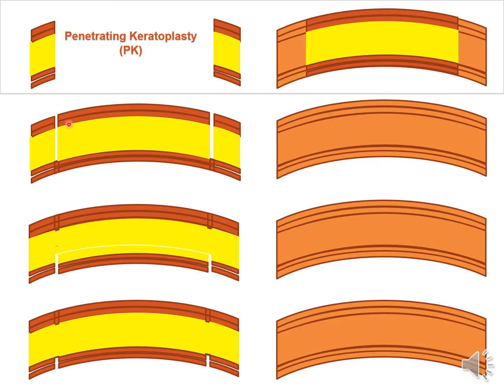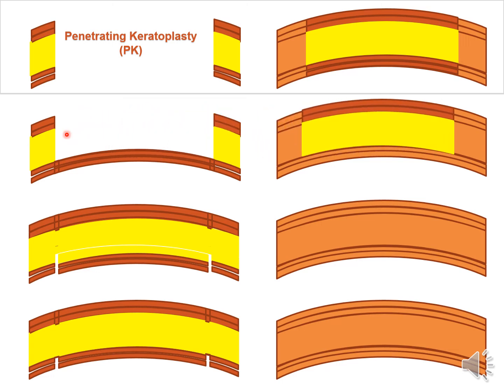In the second one here, the top 3 layers are being penetrated and separated, and these are transplanted into the recipient. Now this is called deep anterior lamellar keratoplasty, or simply DALK, in which the epithelium, Bowman membrane, and the stroma is replaced in the host.